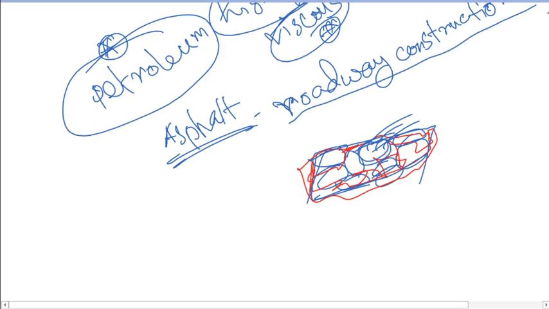Otherwise you will watch these aggregates being dislocated from their original position, and that was the main problem in the former type of aggregates.